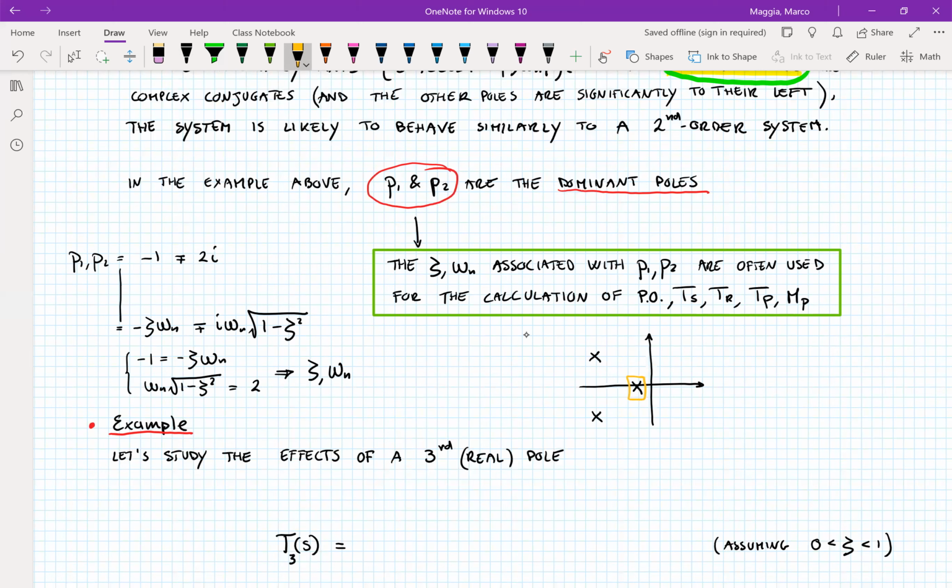We cannot really do that because definitely this pole here does not have a damping ratio and a natural frequency associated with it.